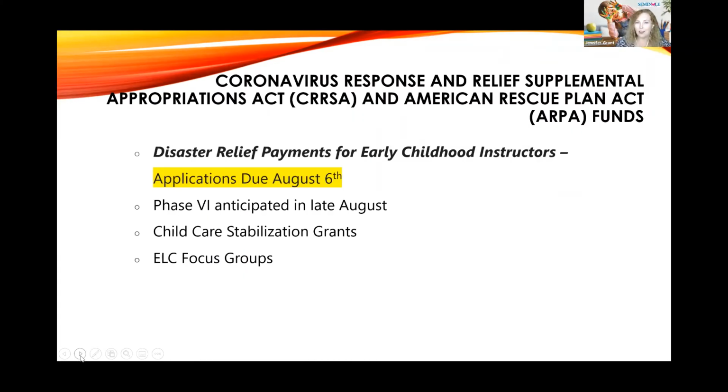Not to be confused, the coalition's teacher retention and sign-on bonuses are different from the state coronavirus response and relief, disaster relief payments for early childhood instructors. This is $1,000. If you have not applied for this, the deadline is Friday, August 6th.